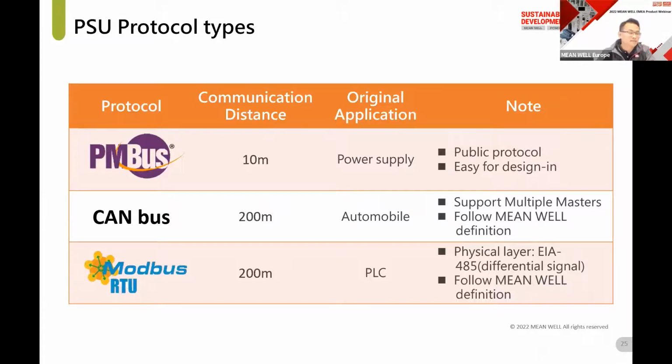CAN bus, whose full name is Controller Area Network, is a robust vehicle bus standard designed to allow microcontrollers and devices to communicate with each other without a host computer. It's a message-based protocol originally designed for multiplex electrical wiring in automobiles to save on copper, but it can also be used in many other applications.